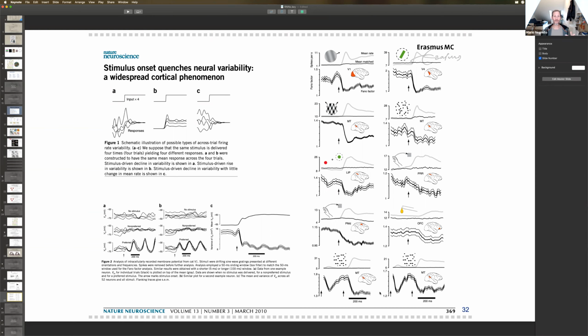One, randomly connected neural networks do not have random output. They have very specific output that stays within a certain cloud of points. Second, adding a stimulus, instead of augmenting some sort of energy, which it does in a measure of activity, spikes per second, reduces the variability of the neural activity.